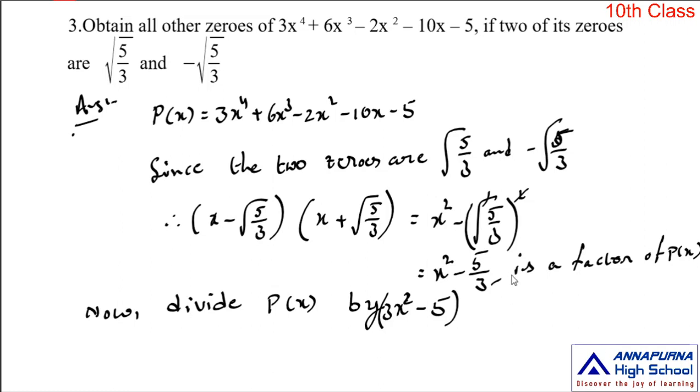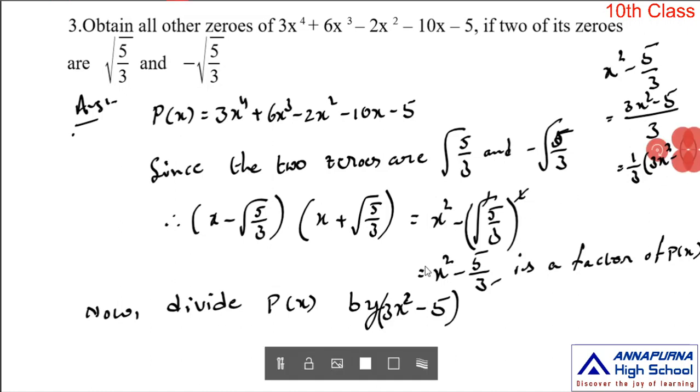So for our convenience, we divide that polynomial p of x by 3x square minus 5. So don't confuse, here I am getting this 3x square minus 5 from this product only. See, the product is x square minus 5 by 3. Here LCM is 3 and the numerator is 3x square minus 5. So we can write this denominator separately. So it is equal to 1 by 3 into 3x square minus 5.